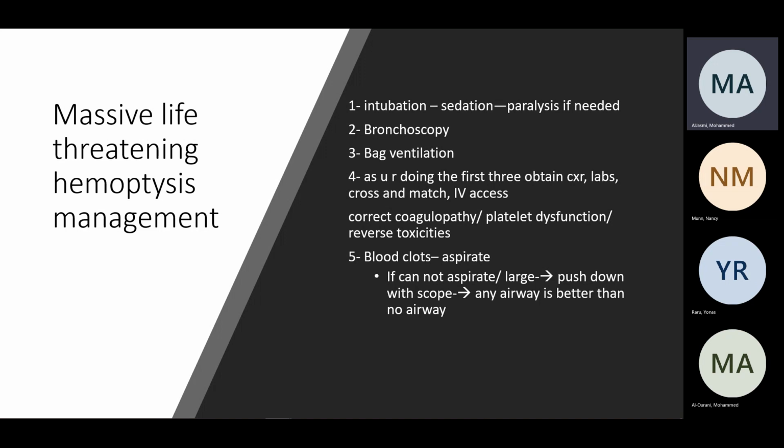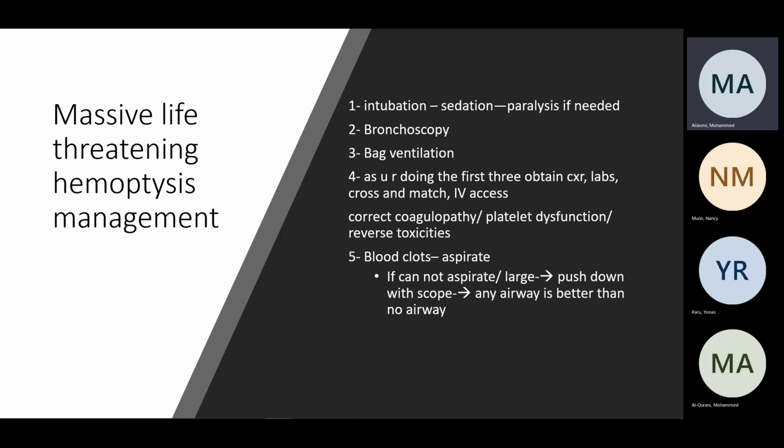Positive pressure on the airway, positive intrathoracic pressure, right? But as we release our vocal cords, what's going to happen? Negative pressure here, suck more blood in. Now, why does this not happen with non-massive hemoptysis? It does happen, but the flow that you create will be able to clear the airway in non-massive hemoptysis.